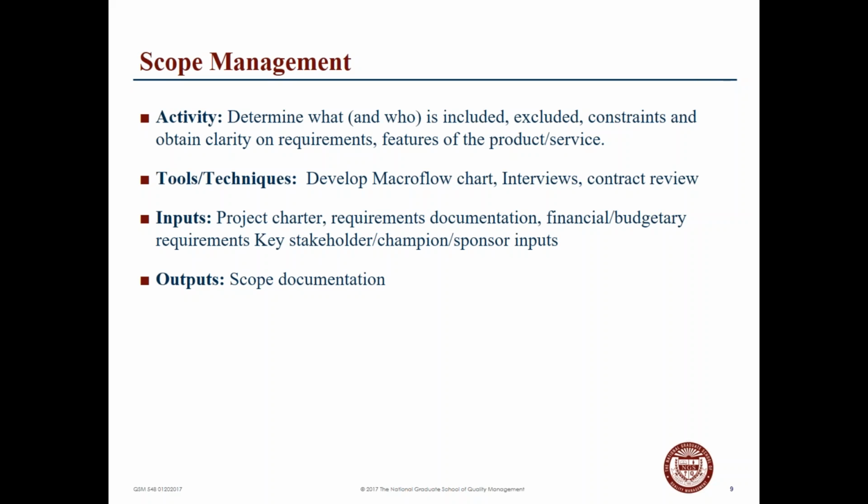That can be incredibly challenging. It may even be embarrassing. So you want to really keep an eye on those areas. And if there is the need to reassess, again, is the scope of the project too big? If it's not, then you may need to go back to those champions and sponsors for additional resources. Ultimately, scope documentation is the output of this particular focus area on your projects.